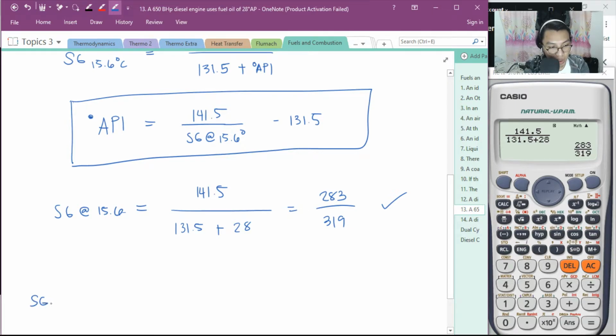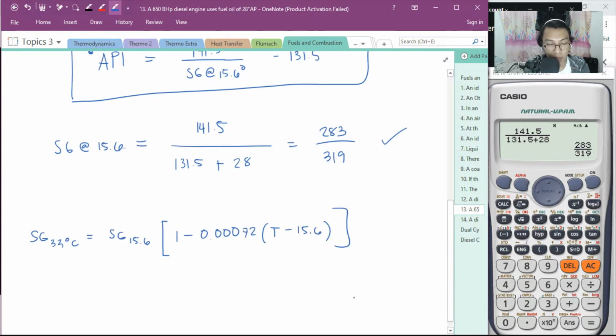So, SG at the 33 degrees Celsius is equal to SG 15.6 multiplied to 1 minus 0.00072... temperature given minus 15.6 degrees Celsius. Okay?